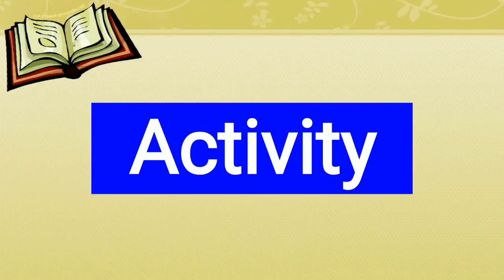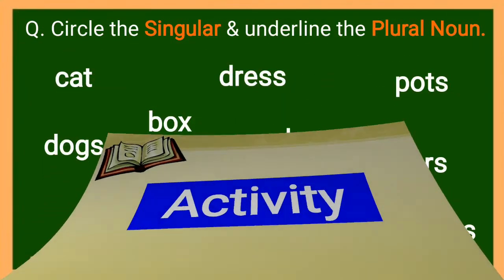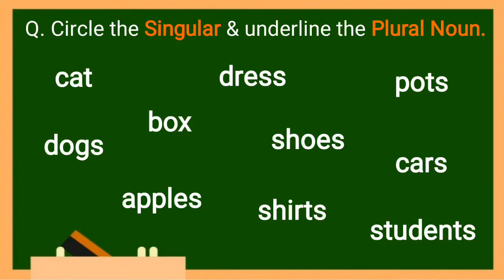Children, here we have a small activity for you. Let us see this activity. Question is, circle the singular and underline the plural noun. Now children, here are some of the nouns. Now, you have to put a circle where you will see the singular noun and you have to underline the plural nouns.